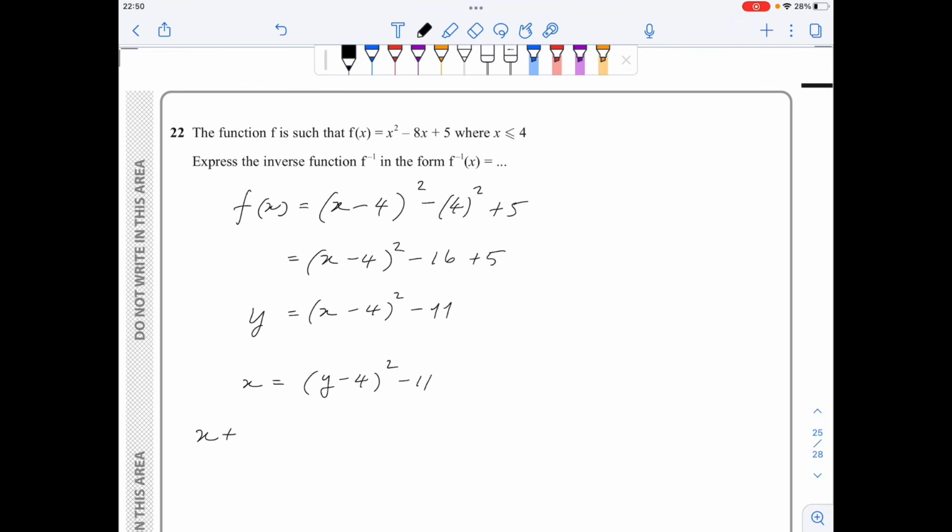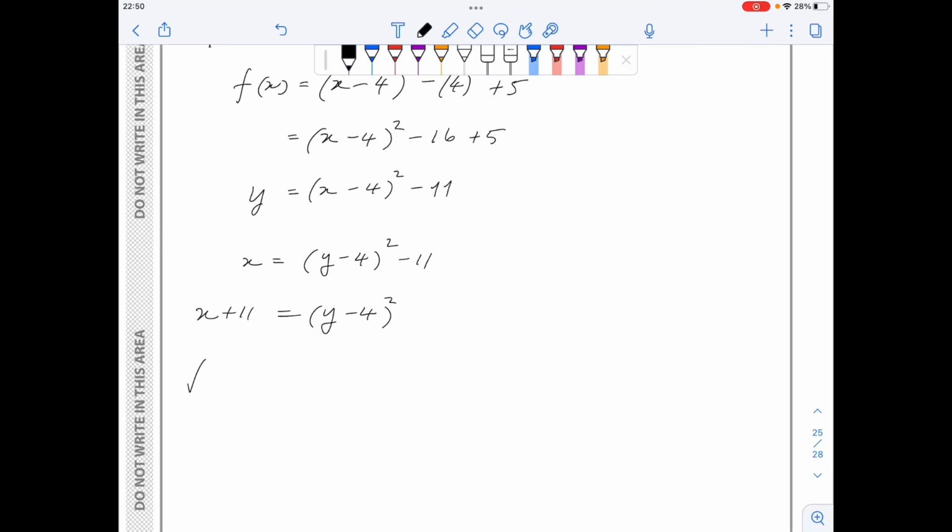So x plus 11 equals y minus 4 squared. And then square root of x plus 11 equals y minus 4. I need a plus or minus at the front of the square roots. Finally, y is equal to 4 plus or minus the square root of x plus 11.